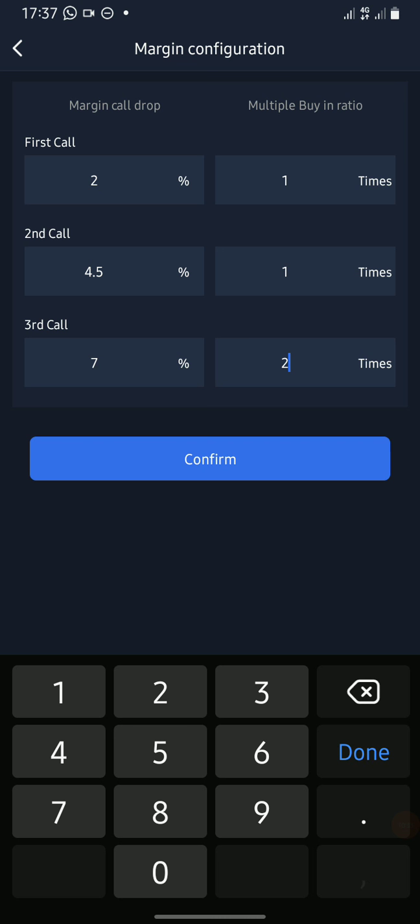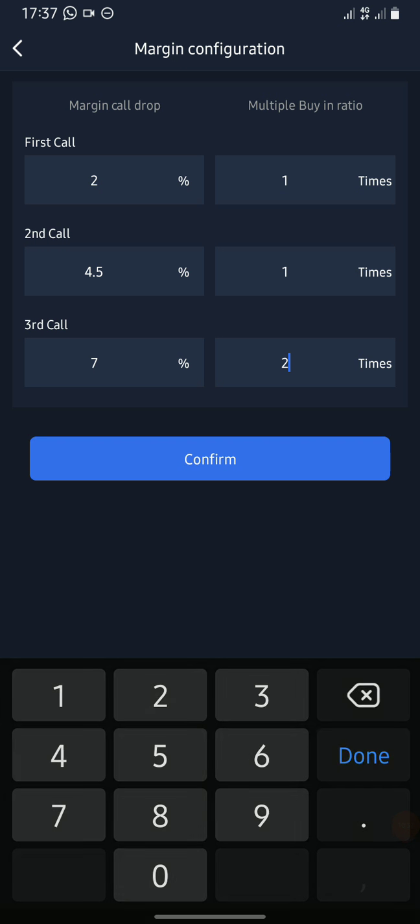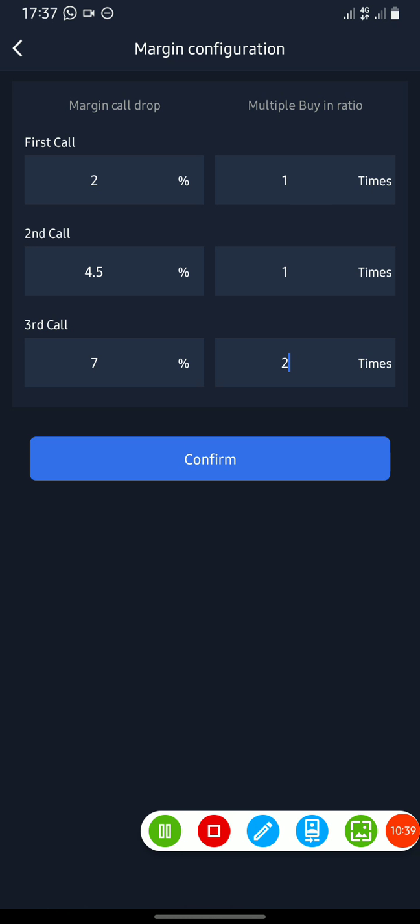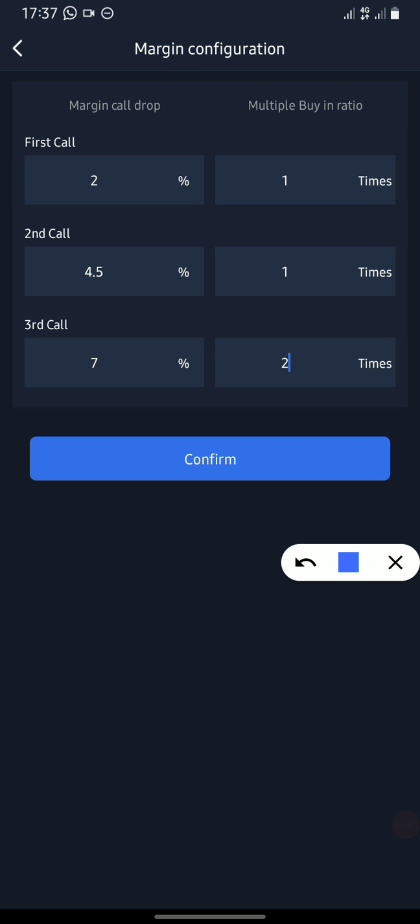That'll be 40, 50. Good. So when it drops from here to here, 4.5%, it will buy another $10 worth for me. When it drops from here to this place, it will buy $20 worth for me. That's the meaning of that 2.